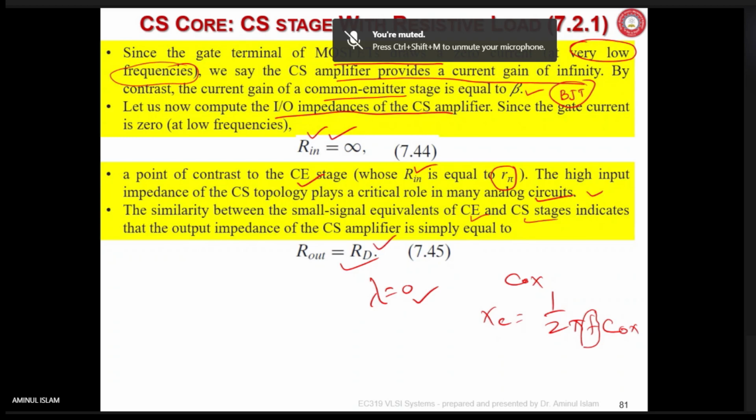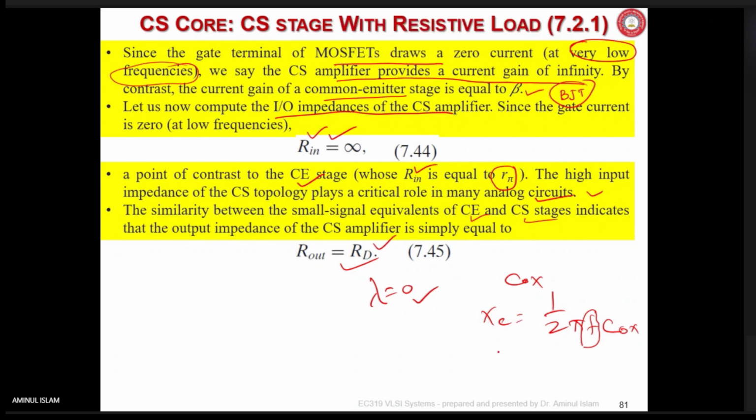So at high frequency, you know that Xc equals 1 upon 2 pi f C. Cox is in femtofarad or farad per meter square, that you have to remember. So at high frequency, what will happen? Xc, the capacitive reactance, will be less, and we cannot get infinite input impedance. Is it understood?